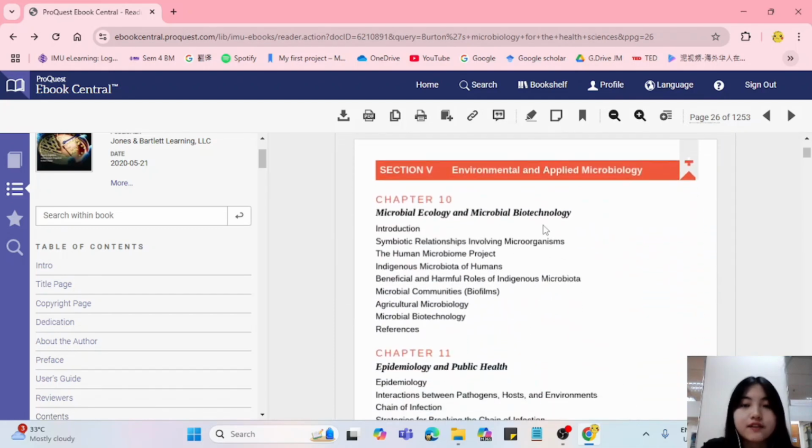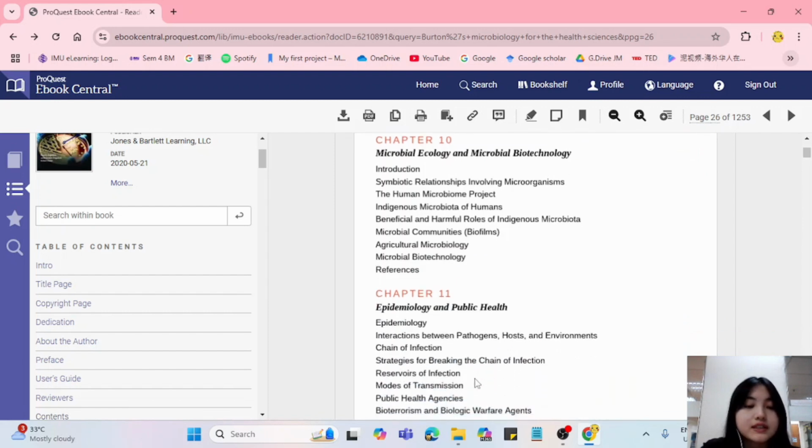In section 5, Environmental and Applied Microbiology, it discusses microecology and microbiomes, biotechnology, and epidemiology and public health. These sections provide insights into how microbes impact the environment and human populations.